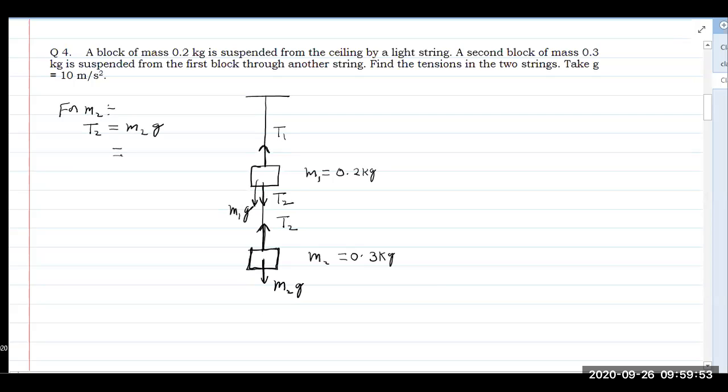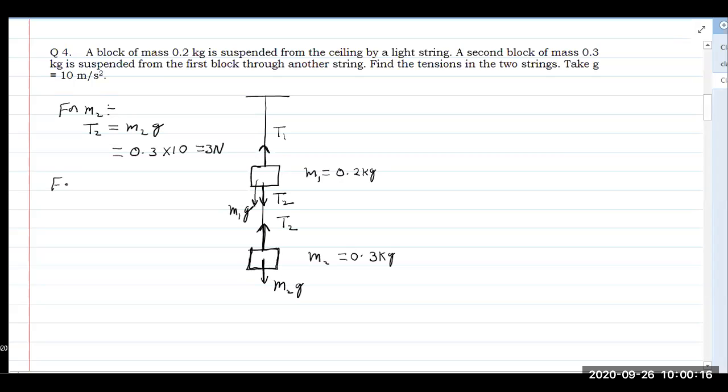M2 is 0.3 kg and g is 10, so we are getting 3 Newton. So the value of T2 is 3 Newton. This T2 is balancing M2g, and the value of T2 is the same as M2g. The weight of M2 is M2g. That value of tension in the lower wire is the same as the weight of the object.